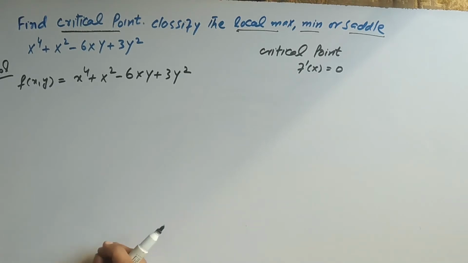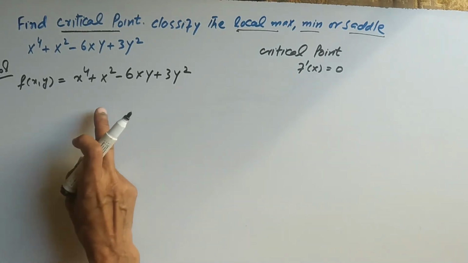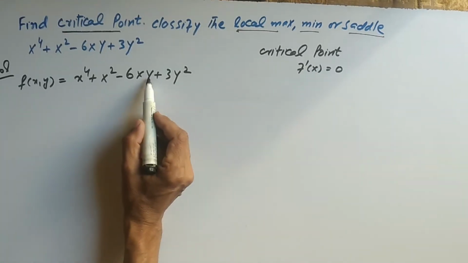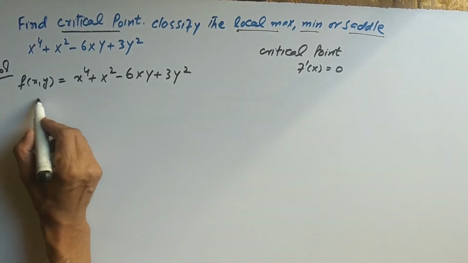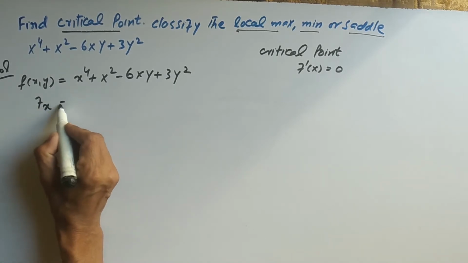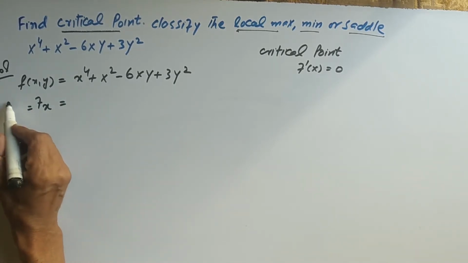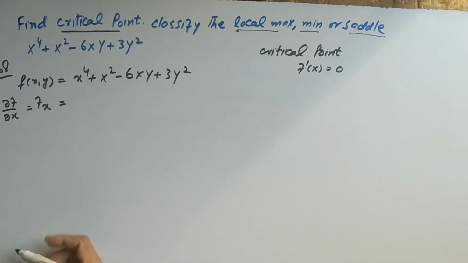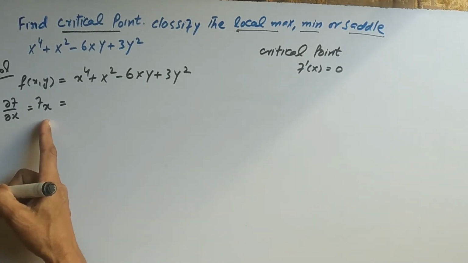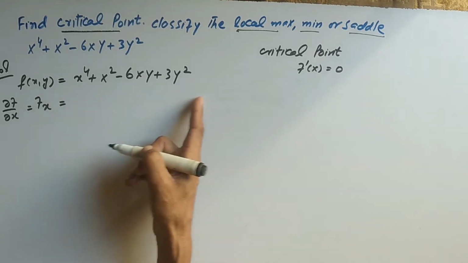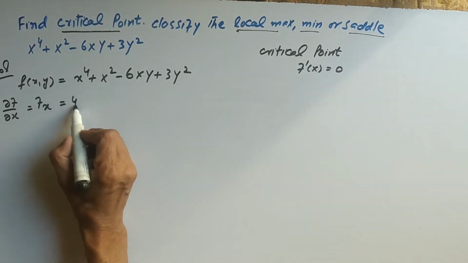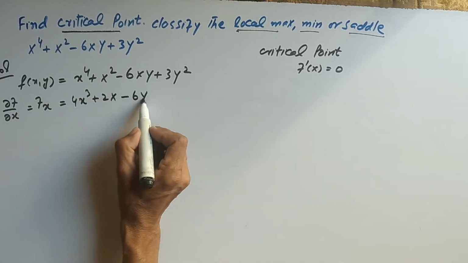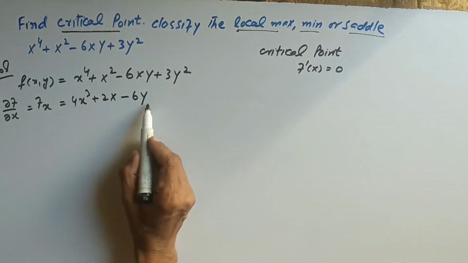First of all, we will have to take the partial derivatives with respect to x and y, the first derivatives. So f_x, partial f over partial x, is 4x^3 + 2x - 6y.